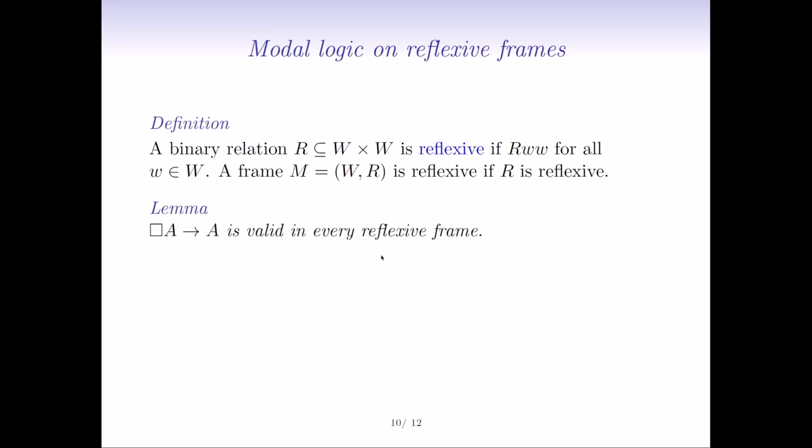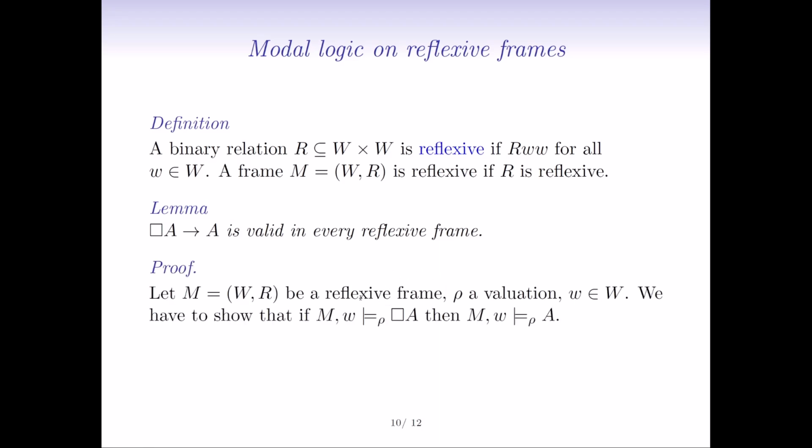So something which is really easy to establish is that the formula box A implies A is valid in every reflexive frame. As we already saw, it's not valid in every frame, but it is valid in every frame that happens to be reflexive. So to show that it's valid in every reflexive frame, we will take an arbitrary frame and we're allowed to assume that that frame is reflexive.